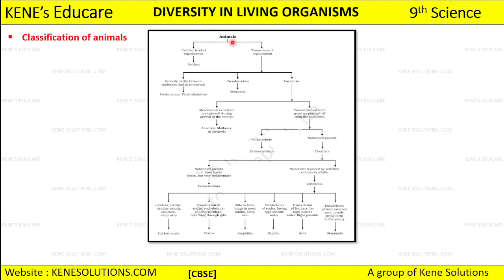Okay, so see, all the animals have two different levels of organization. One is the cellular level of organization and the other is the tissue level of organization. How did we classify animals? Cellular level of organization, and the second thing we have is tissue level of organization.